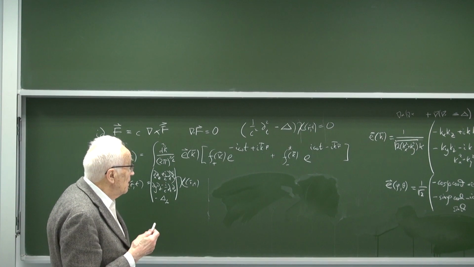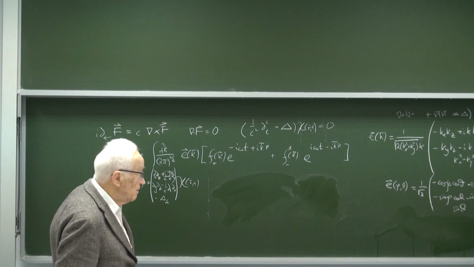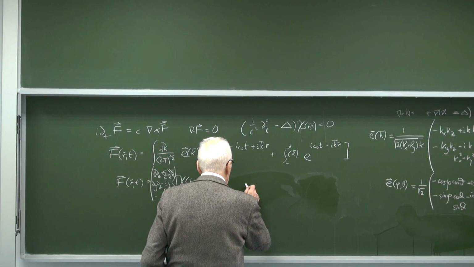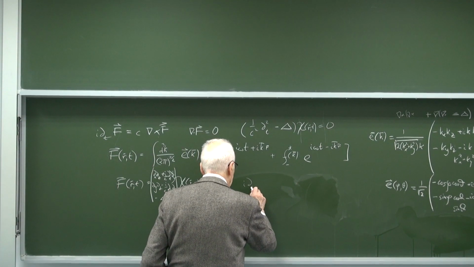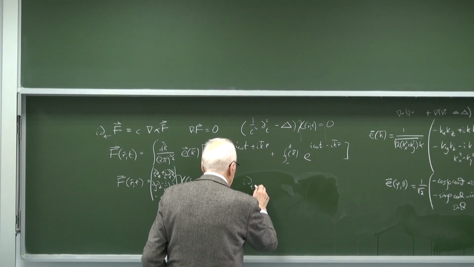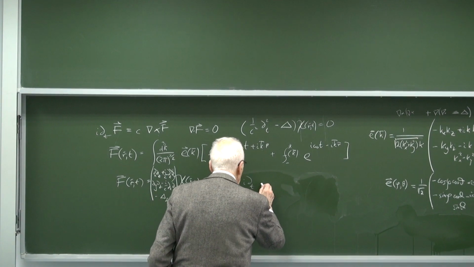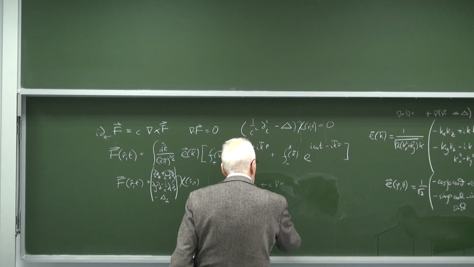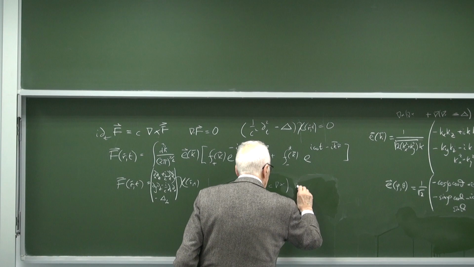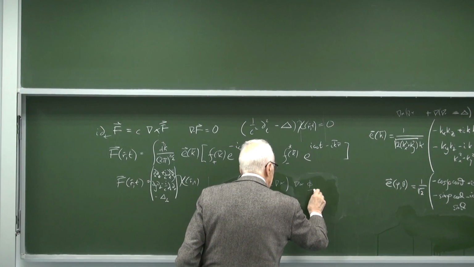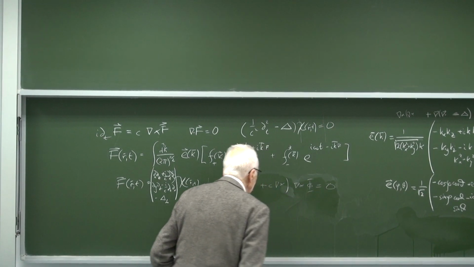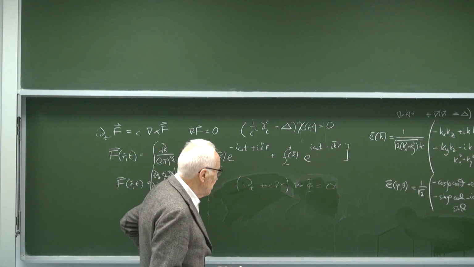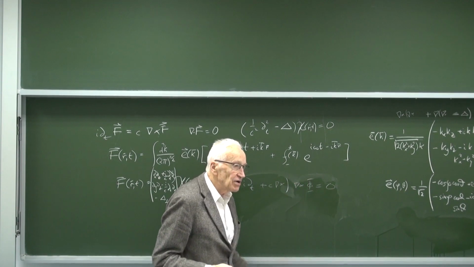Well, what we really did, oh, it's a pity I erased this. Let me write this again, the formula that I've given: i d/dt plus c curl acting on some curl. We have a solution of Maxwell equations generated from this vector solution.